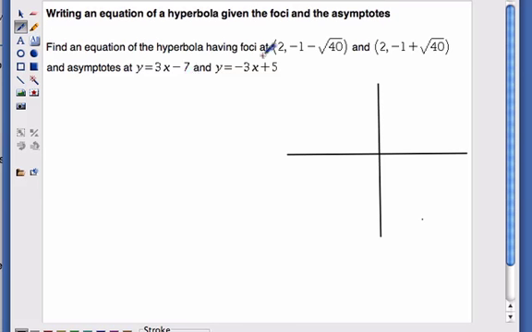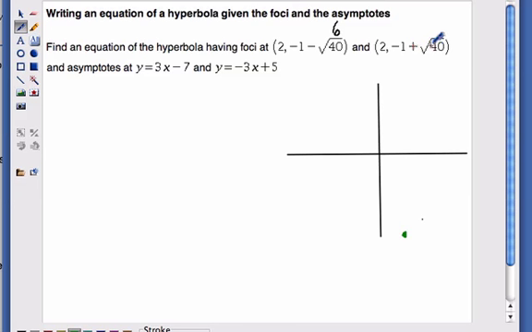All right, so in this example, the foci are at (2, -1 plus square root of 40) and (2, -1 minus square root of 40). Square root of 40 is approximately, let's say, square root of 36 is 6, so it's a little bit bigger than 6. If that was a 6, -1 minus 6 would give me a negative value. So I'm just going to sketch a quick graph here and say, I'm going to go out 2 and down to about -7, -8, somewhere along there.